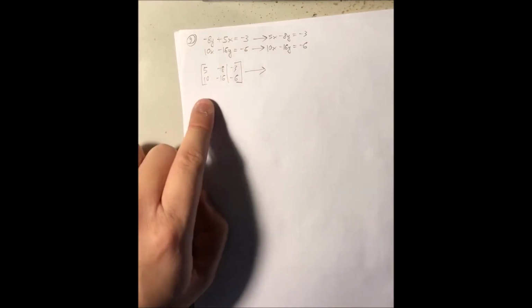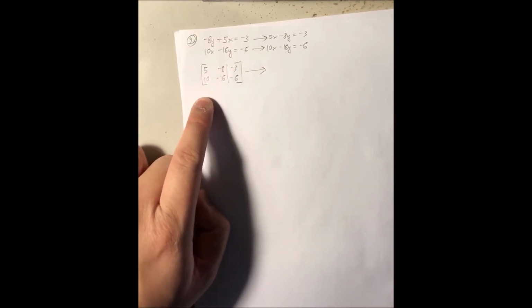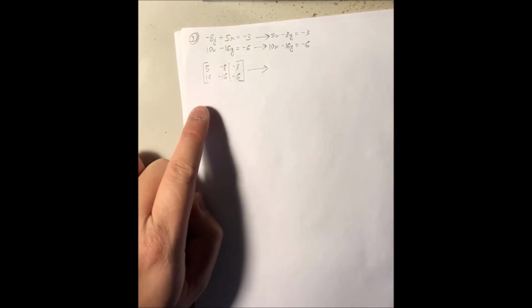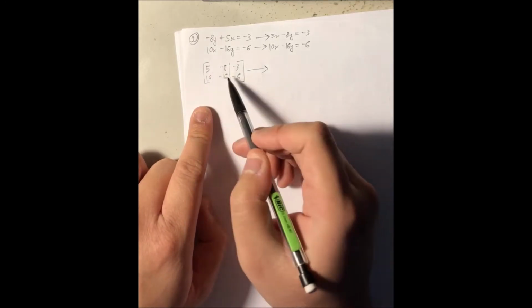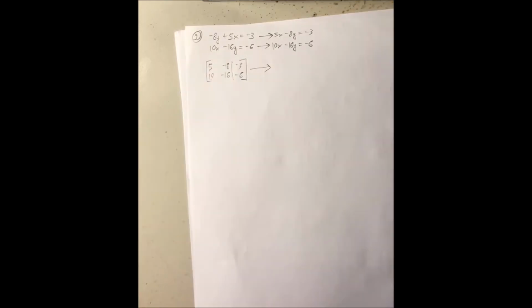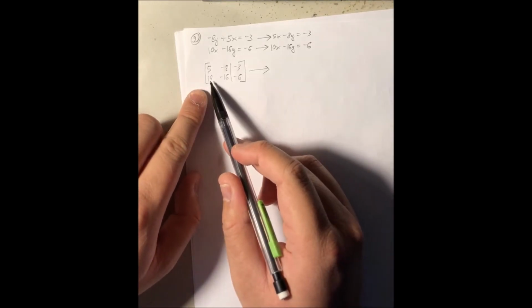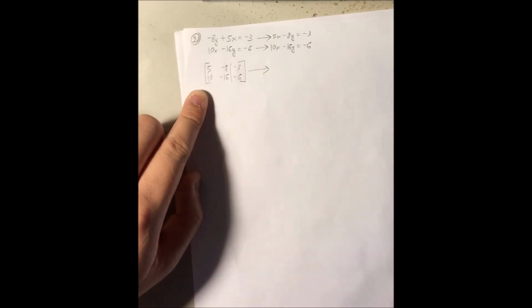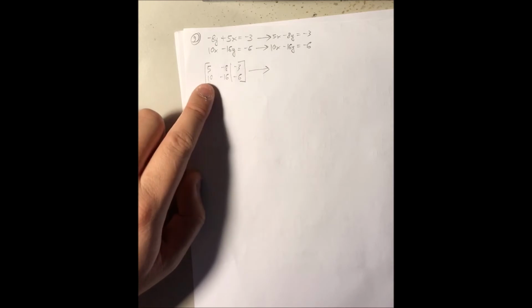To reduce this augmented matrix down to the reduced row echelon form, I want to make sure that this number and this number become +1, and this number becomes 0. So how do I do that? I can just convert this +10 into a 0.